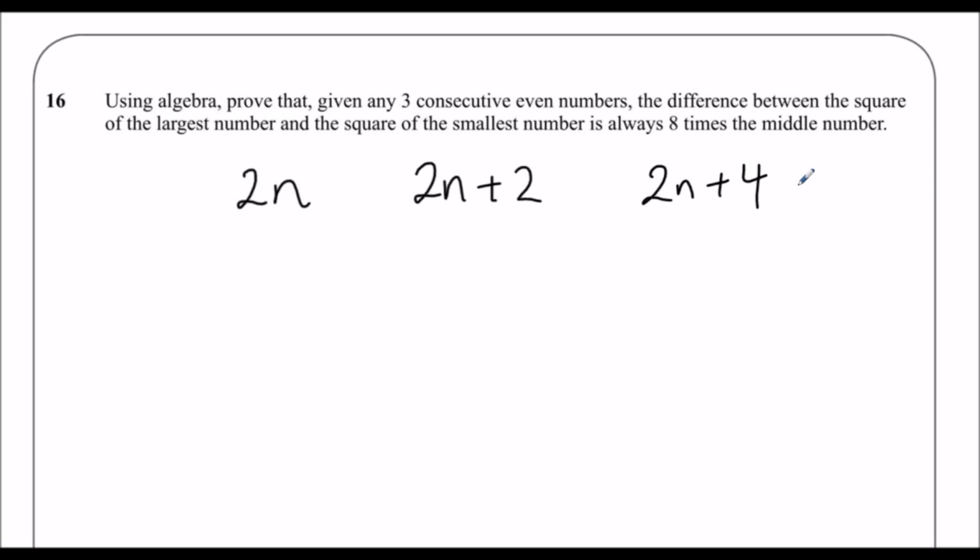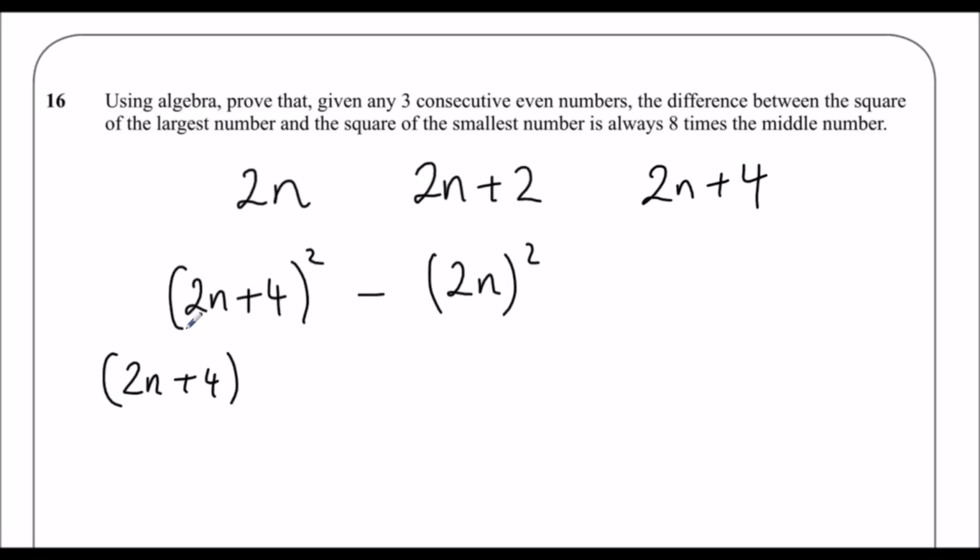So the difference between the square of the largest and smallest is 2n plus 4 squared, difference means take away, minus 2n squared. And that should be equal to 8 times the middle number.